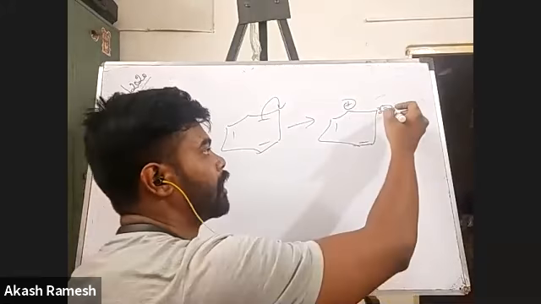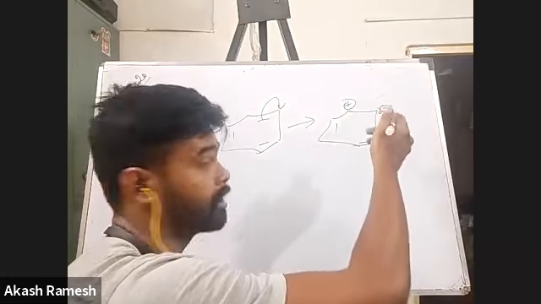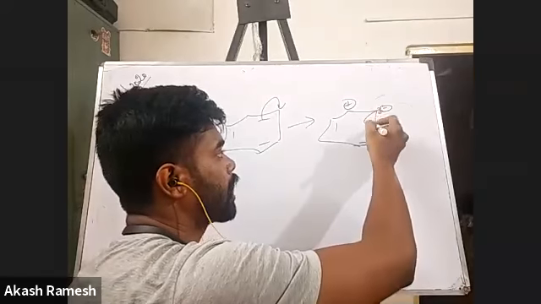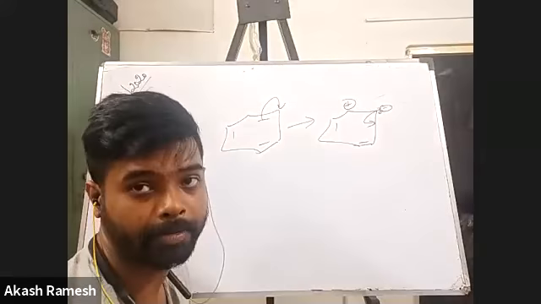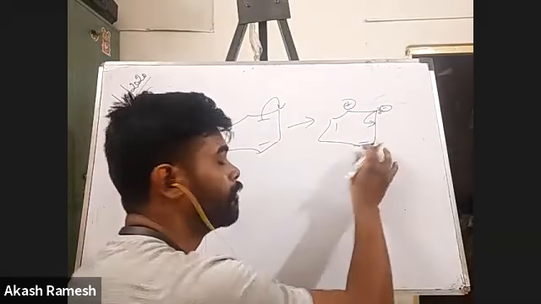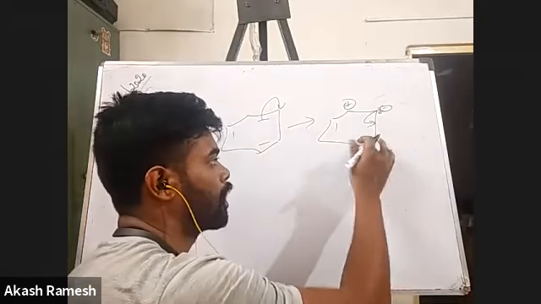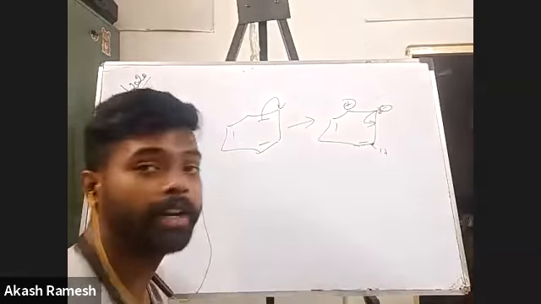Next, this lone pair, or negative charge, can come back here and make a bond. Then this carbon atom will have 5 bonds, because there's already a hydrogen atom here: 1, 2, 3, 4, 5.